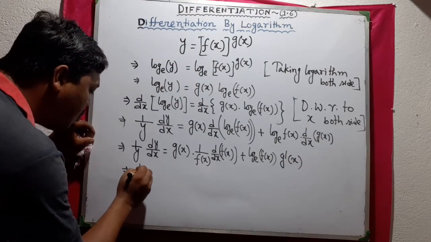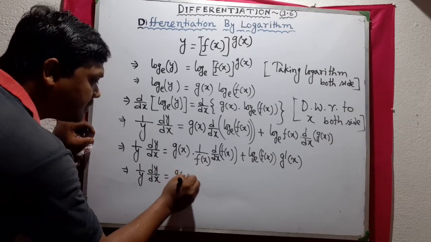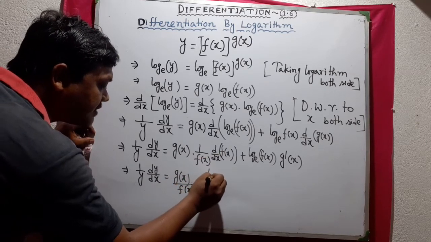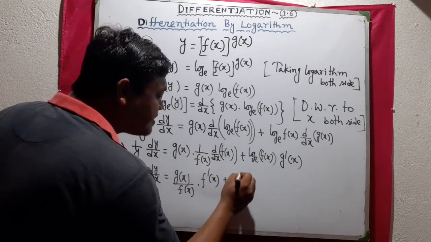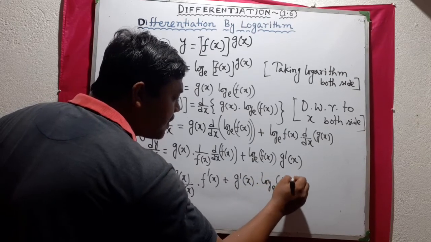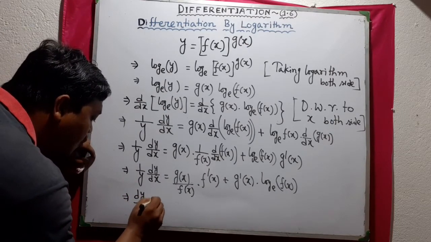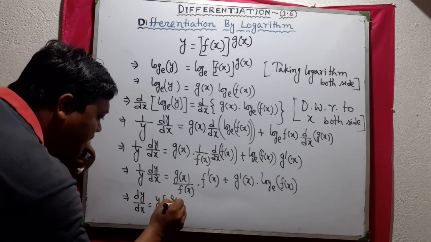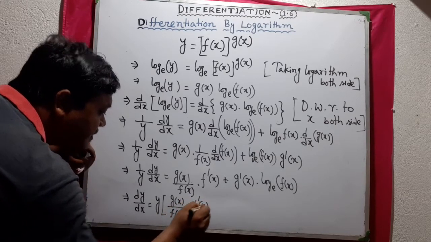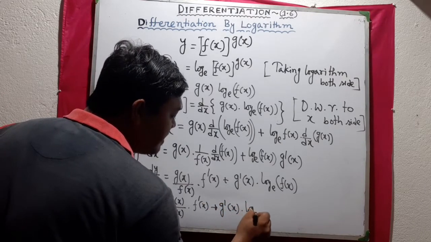So 1 by y dy/dx equals g(x) by f(x) into f dash x plus g dash x into log base e f(x), and therefore dy/dx equals y into g(x) by f(x) into f dash x plus g dash x into log base e f(x).